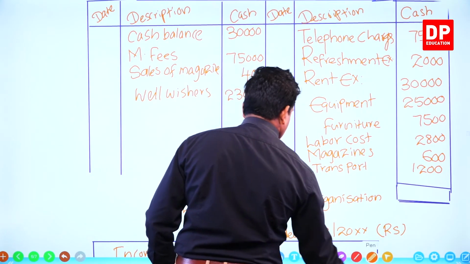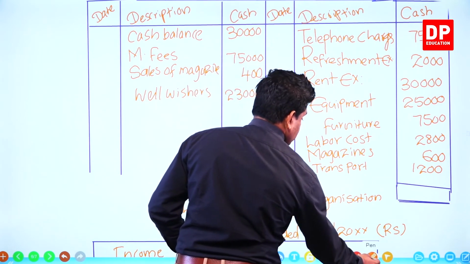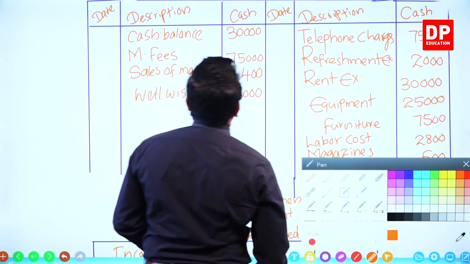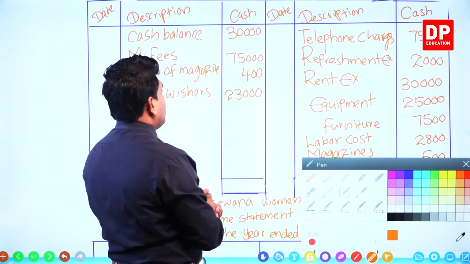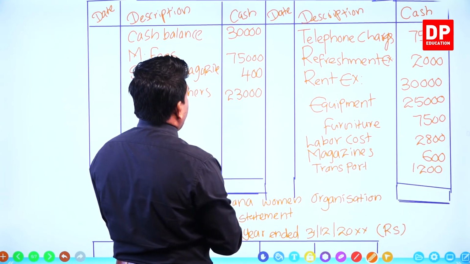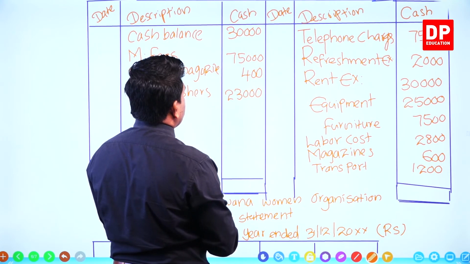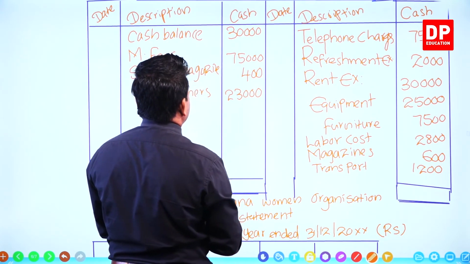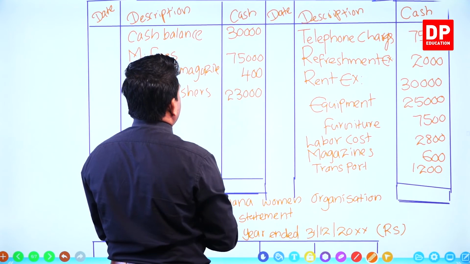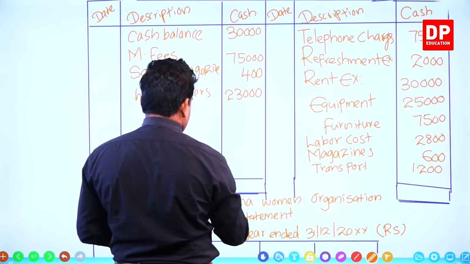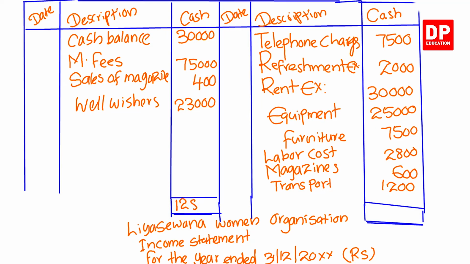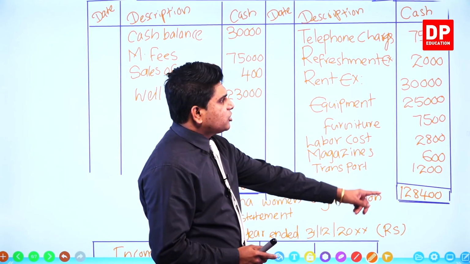Right, now you get the total. 30 plus 75, 105,000, 125,000, 128,400. Same balance you put to the credit side, 128,400. Right, then from this one you have to subtract about details.